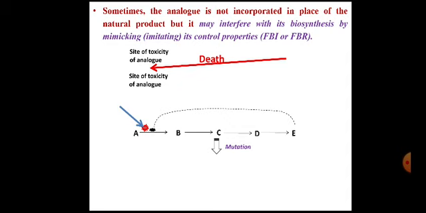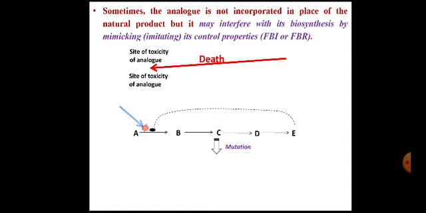The enzyme responsible for conversion of A to B is the key enzyme, which is controlled by the normal control metabolite, that is E. So when this organism is exposed to a mutagenic agent, what we predict is that the possible site of mutation is this, indicated by the arrow.